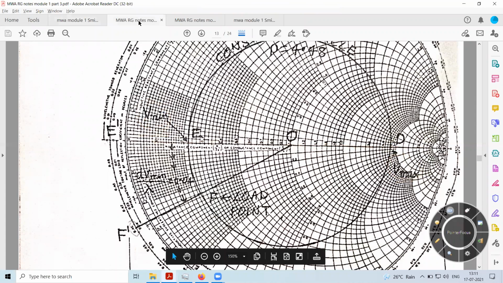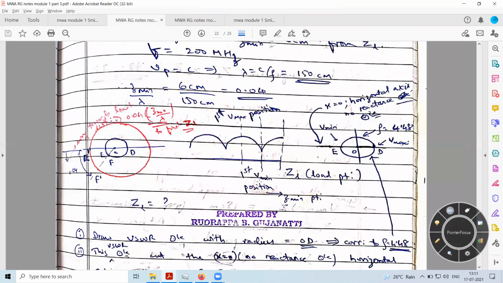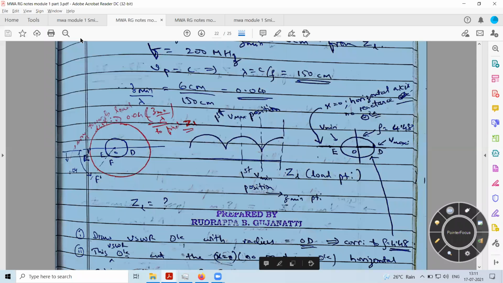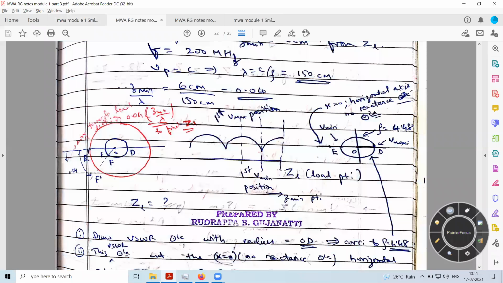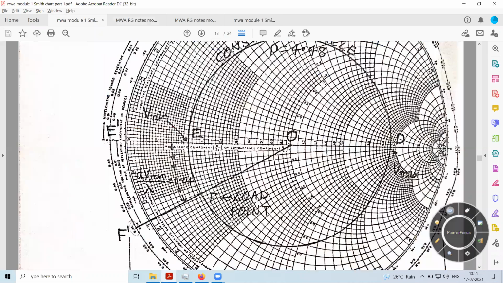Now the problem specifies that at a distance of 6 centimeters you are obtaining a minima. I know that Vmin is occurring at a distance of 6 centimeters, but I don't know the load value, so I don't know where that load is located.